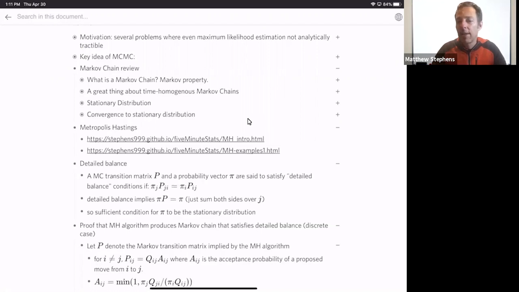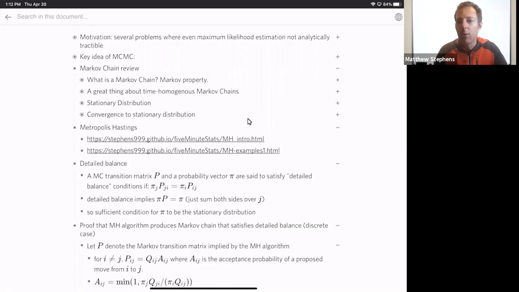Essentially the user supplies pi, the stationary distribution, and the Metropolis-Hastings algorithm supplies P. Well, actually you have to give the Metropolis-Hastings algorithm a bit more to work with than just pi. What you have to give it is a transition kernel Q, and that kernel doesn't have to satisfy very many requirements, but it has to be irreducible.